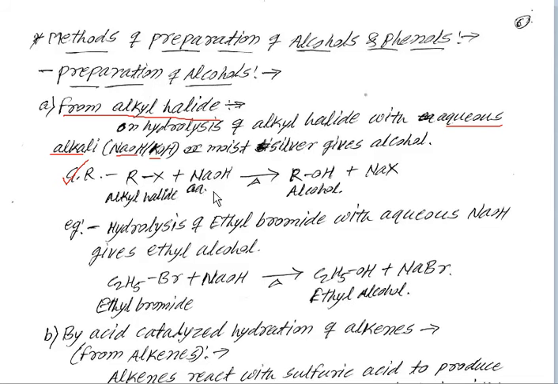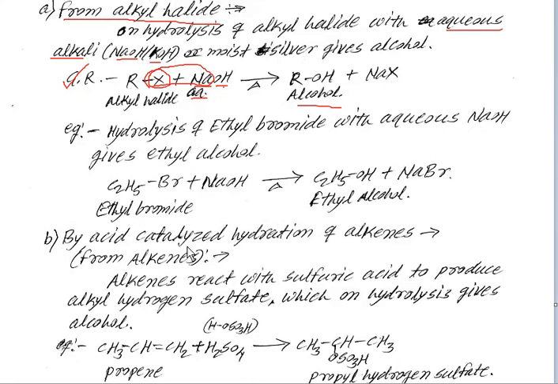When alkyl halide reacts with aqueous NaOH on heating, we get an alcohol by replacing the X group with the OH group, and the remaining sodium atom combines with X. The remaining part, R and OH, combine to each other and we get ROH, that means alcohol.